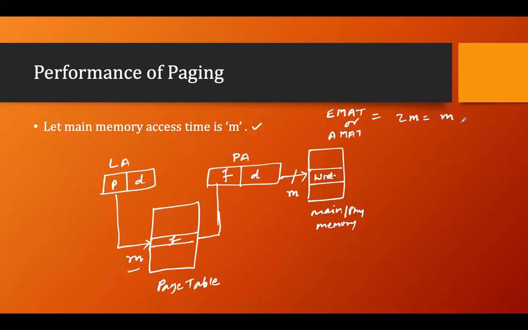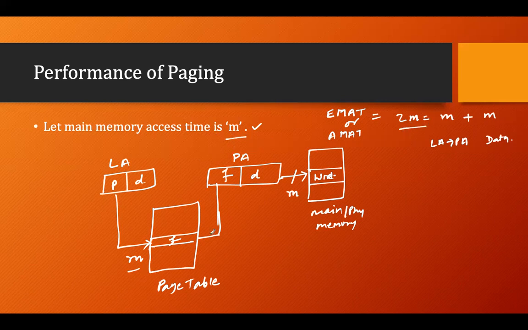This one is M for translation of the logical address to physical address, plus M, which is for main memory access, or you can say the data access. So this is how the time will be taken by the paging, right? Previously it was M, now it is 2M.